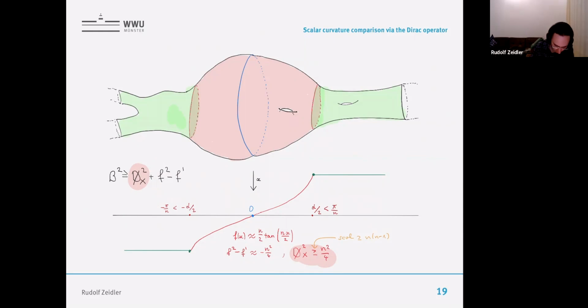And now the idea is I can take my potential in such a way that I almost destroy my lower bound, but not quite. So I will choose my f in such a way that I almost, but not quite, get this expression to be equal to minus n squared over 4, so that it admits a lower bound which is almost 0 in a way.